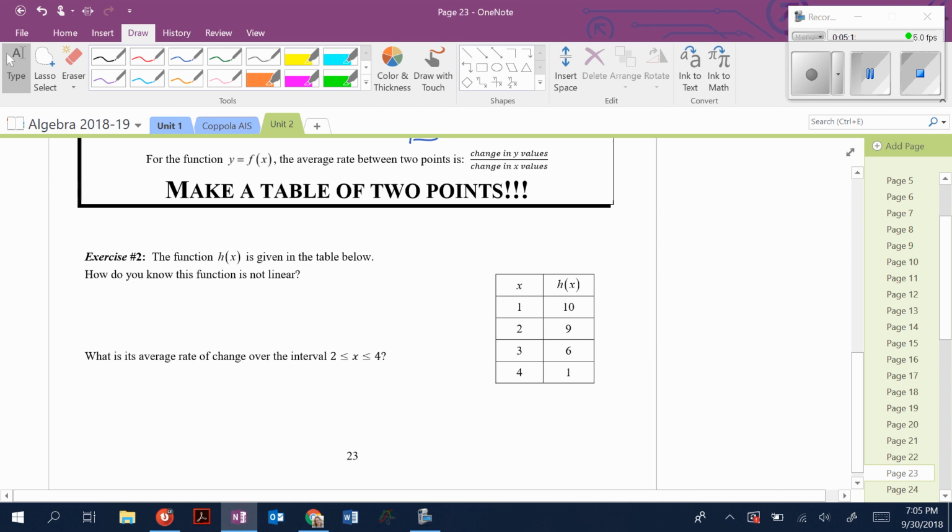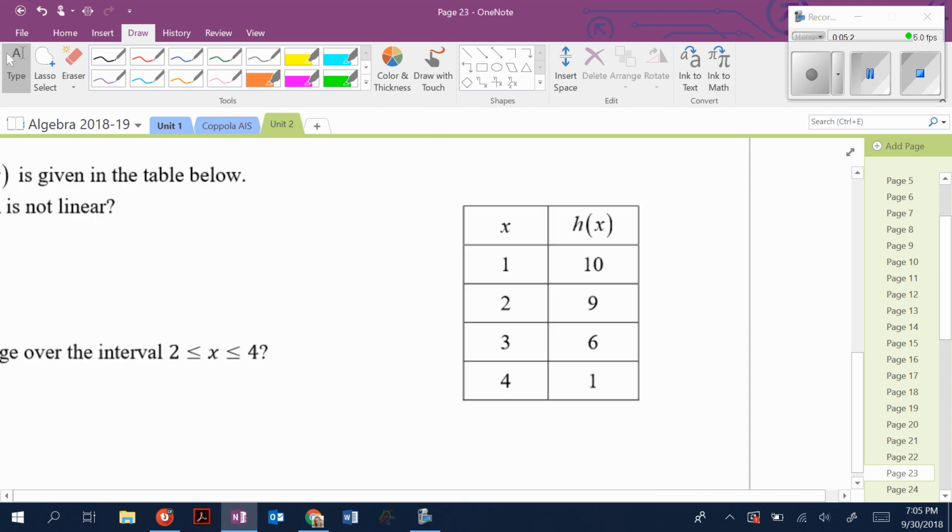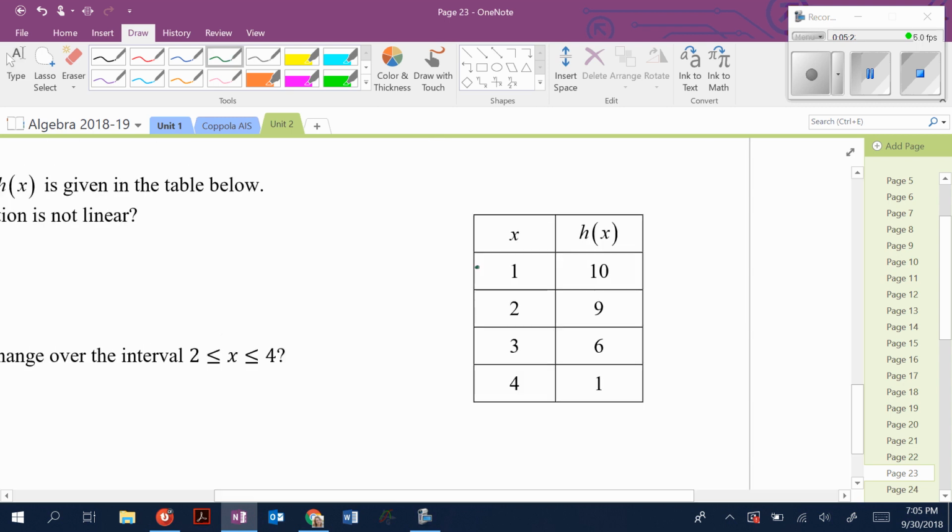So exercise 2 gives us a function. How do we know this function is not linear? Well, linear would mean the average rate of change has to be the same. So check it out. My x values are all going up by 1. So my y values better do the same. -1, no, I'm dropping what? 3, I'm dropping 5.